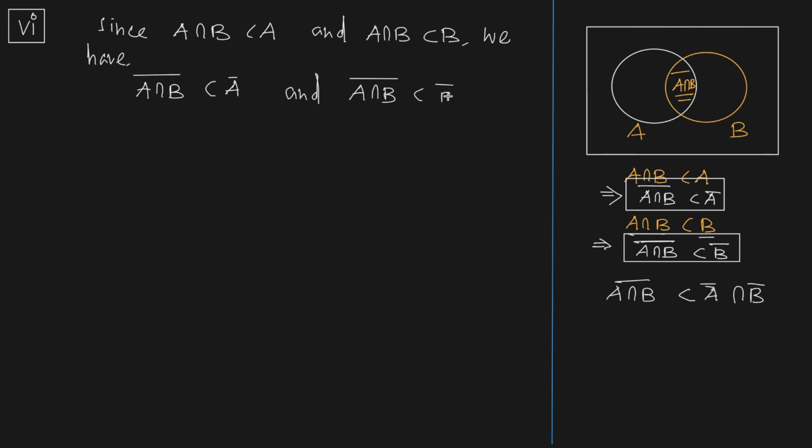Hence A intersection B closure is a subset of A closure intersection B closure. So we have done all these 6 properties.